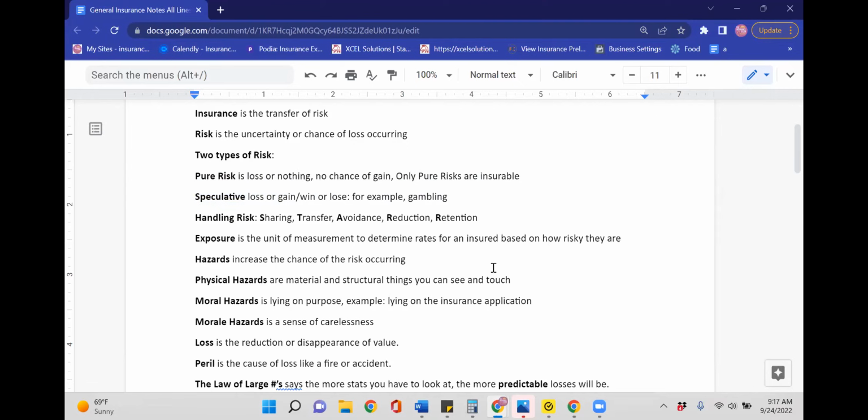This is like gambling. I could win, but I could lose. There is no Las Vegas insurance. You don't go to Las Vegas and say, I'm going to buy insurance so that in case I gamble away all my money, I'll get it back. That doesn't exist. So there's no insurance for speculative losses. There is insurance for a pure risk, a pure loss.